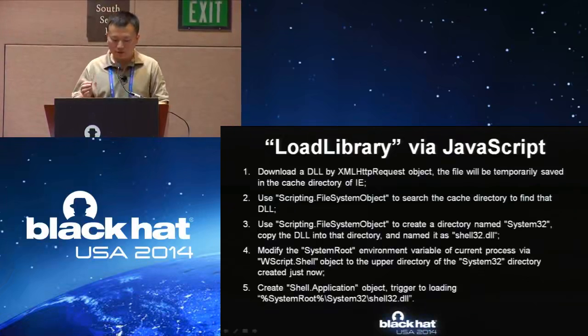Now we modify the system root environment variable to the upper directory of the fake system32 we just created. The last step is creating a shell application object to trigger the loading of our fake shell32 library. That's how we load the library with script. Am I clear?